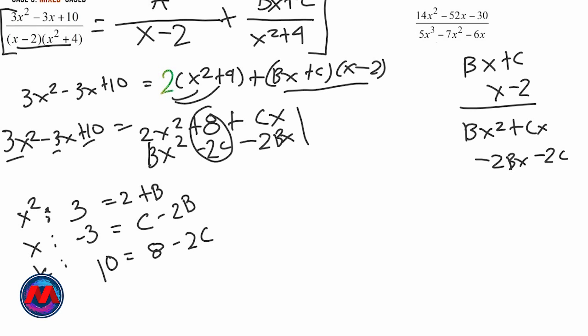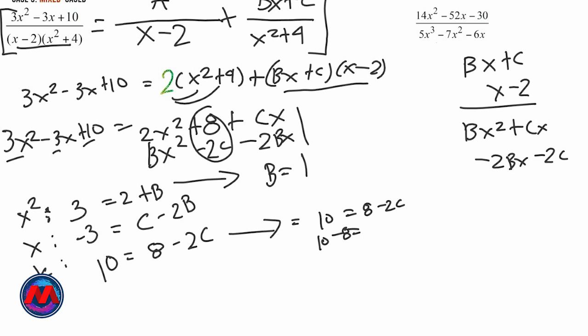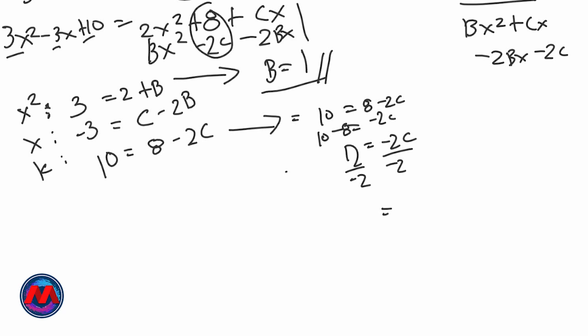So, dito, ma-figure natin yung value ng b, and b is equal to 3 minus 2 is 1. Dito, 10 is equal to 8 minus 2c. 8 transpose sa other side, magiging 10 minus 8 equals negative 2c, that's 2. Negative 2c divided by negative 2. So, that means c is equal to negative 1. So, alam natin yung value ng b, which is 1, c is negative 1, and a is equal to 2.